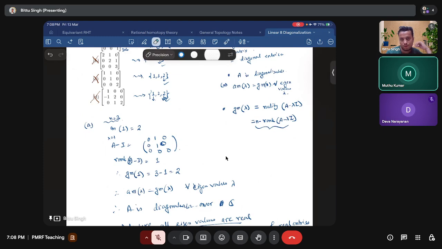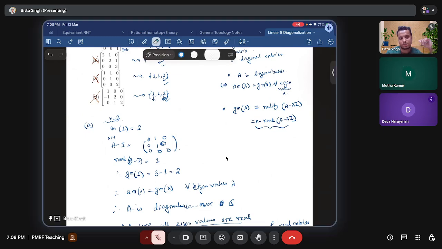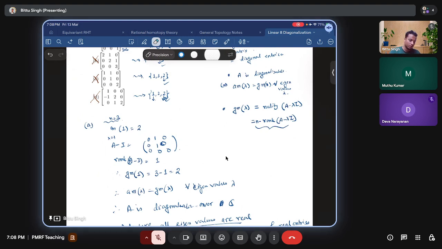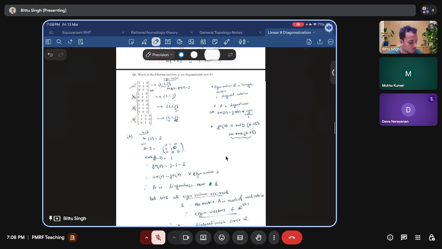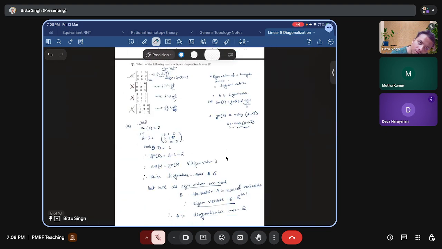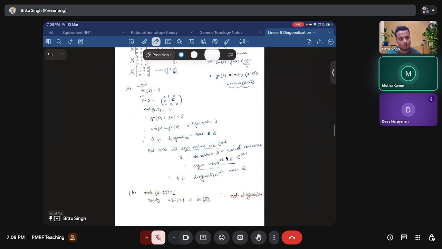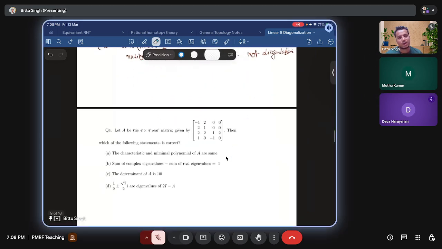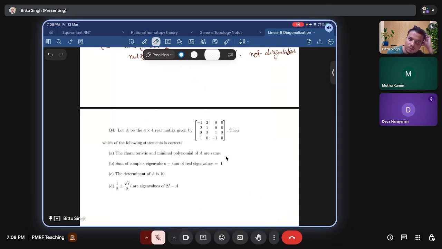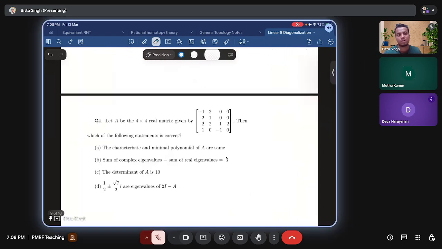So you can raise that issue. Is there any doubt for these problems? You can ask the moderators, since you are able to chat in that Google forum or something.